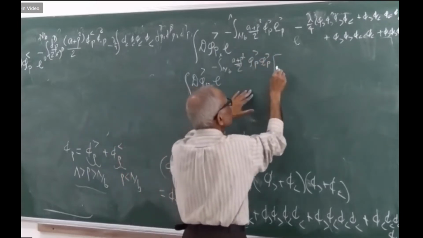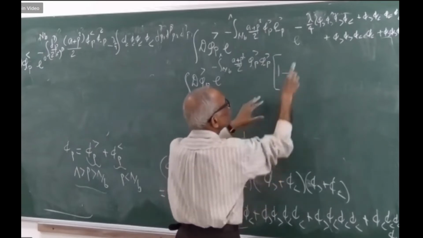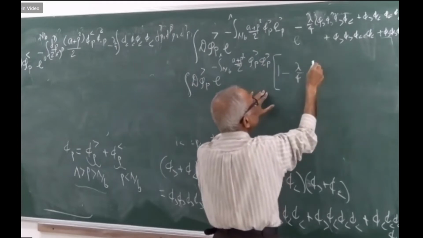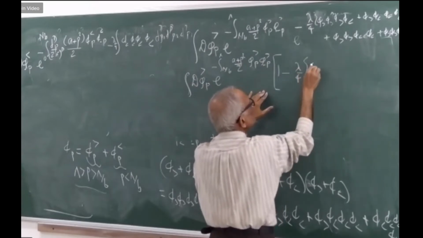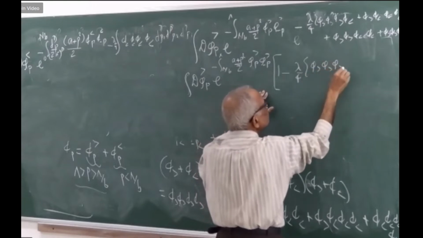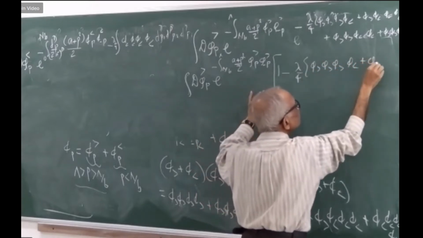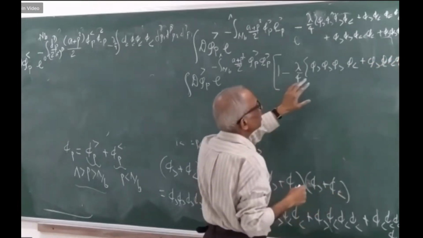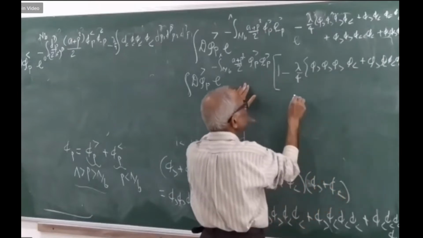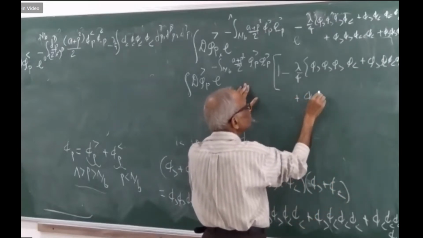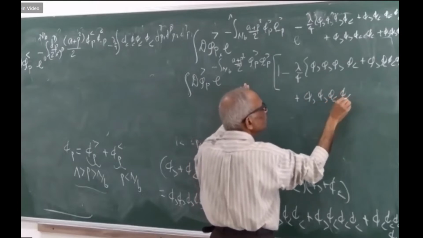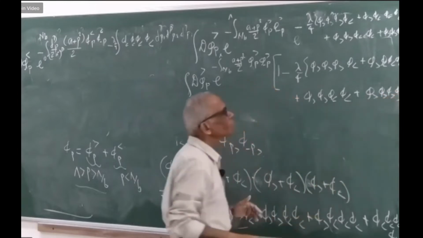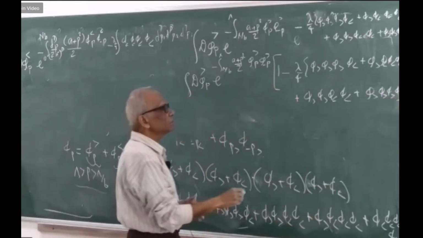And then I expand 1 minus this lambda over 4 and all the stuff that you have over here: phi greater, phi greater, phi greater, phi less, plus phi greater, phi less, phi less, phi less, 1 greater, 3 greater, 1 less, and then the part which is phi greater, phi greater, phi less, and then there are 4 phi greater.